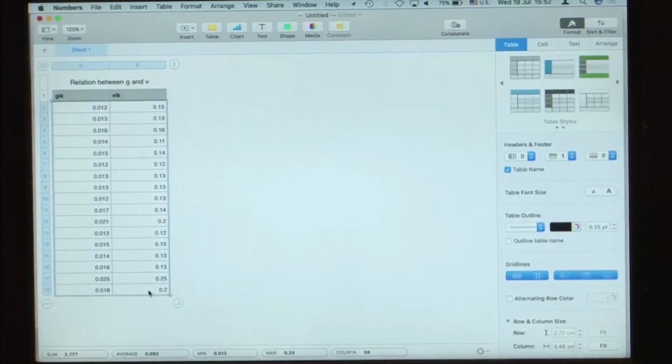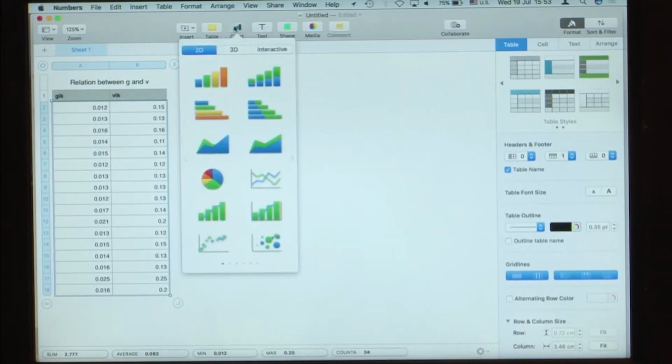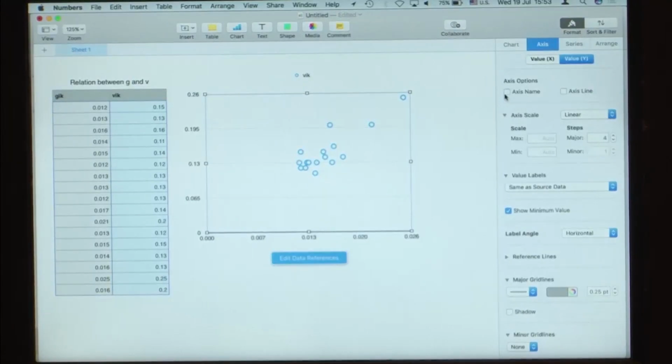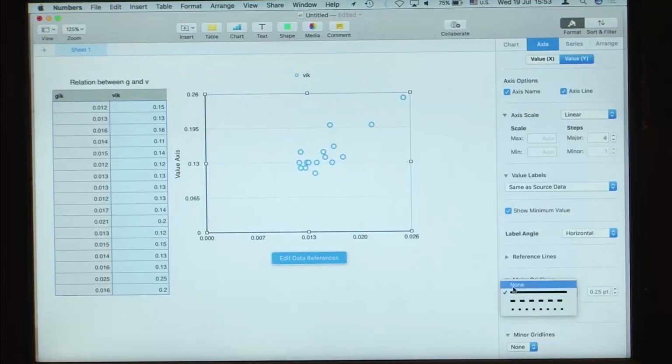If you remember your class on the graphical ways of presenting data, there we had talked about scatter plots. Let us now make a scatter plot between GIK and VIK. This is the scatter plot here. Let us change the axis, and we do not need any grid lines.